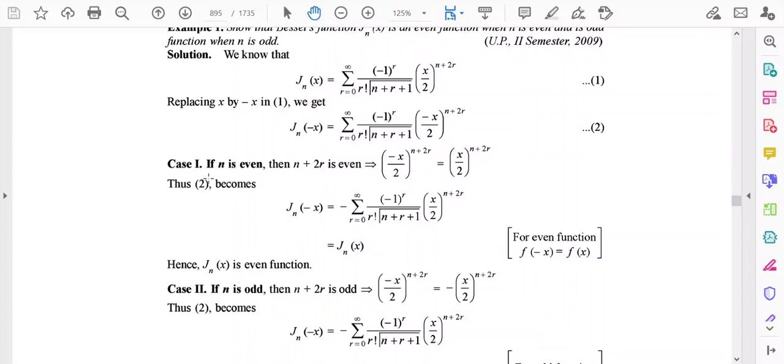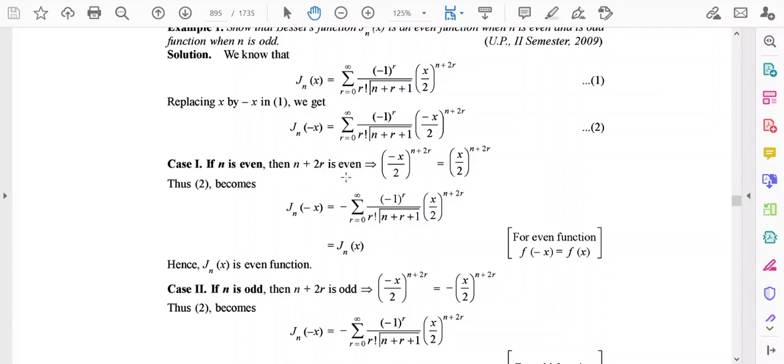So now we are discussing case 1. If n is even, then n plus 2r is even. So minus x by 2 to the power n plus 2r is equal to x by 2 to the power n plus 2r. This is case 1. If n is even, then n plus 2r is also an even number.